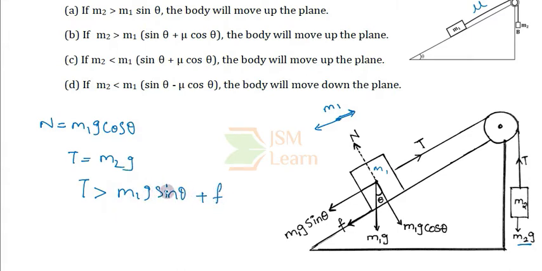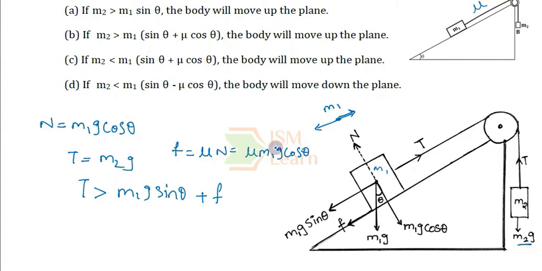We know that the frictional force acting on the block M1 will be given as mu into N, where mu is the coefficient of friction between the mass M1 and the wedge, and N is the normal force acting on the block M1, which we have already found to be m1g cos theta. So the frictional force acting on the block M1 is mu into m1g cos theta.